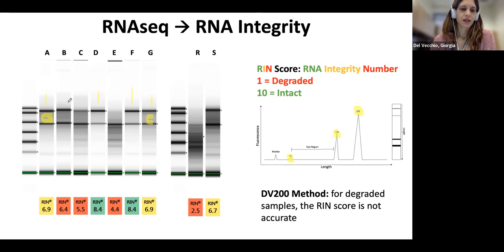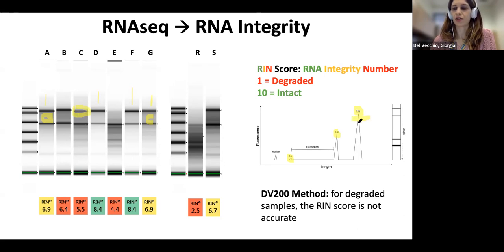Then this is 6.4, because you have some more, it's darker compared to the 6.9. But this one is 5.5. So you still have the two bands, but the problem here is that the first one, the 28S, is really light compared to the second one, and it shouldn't be like that.